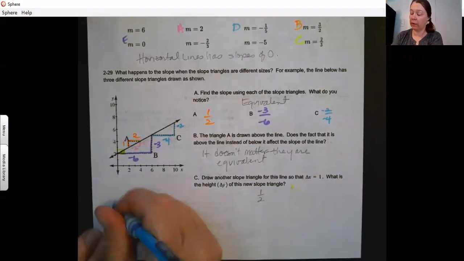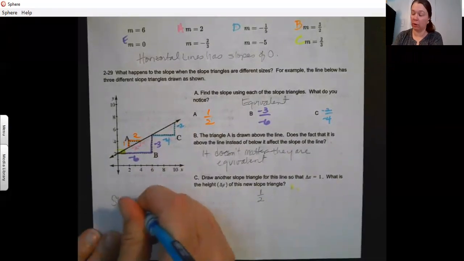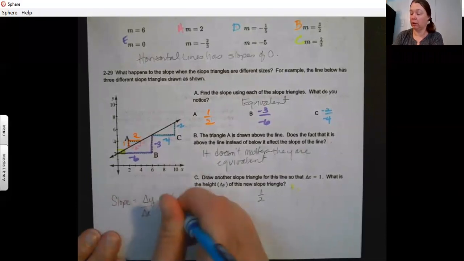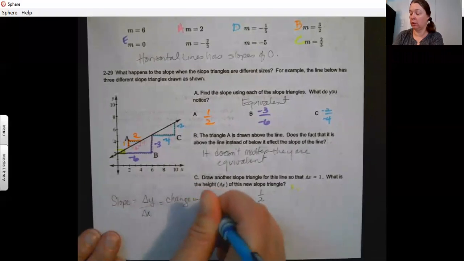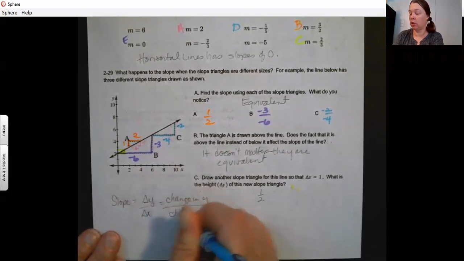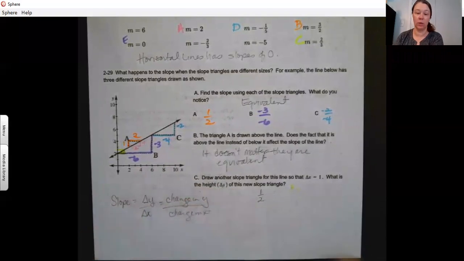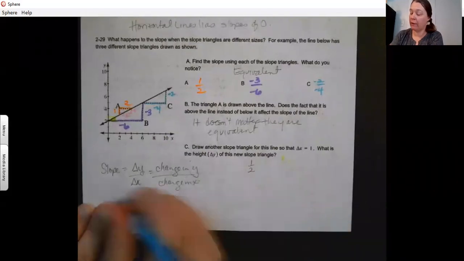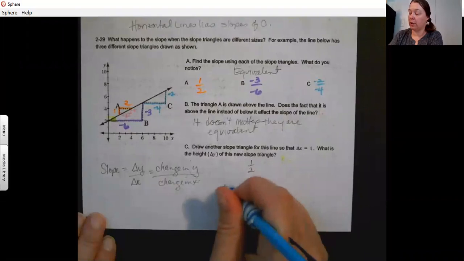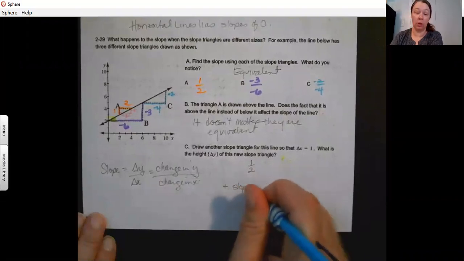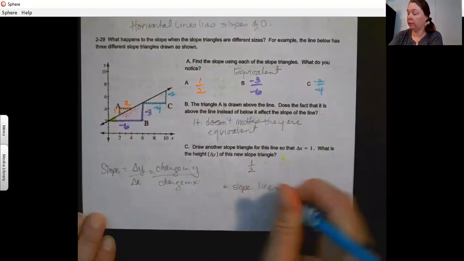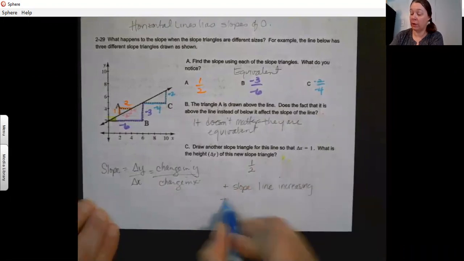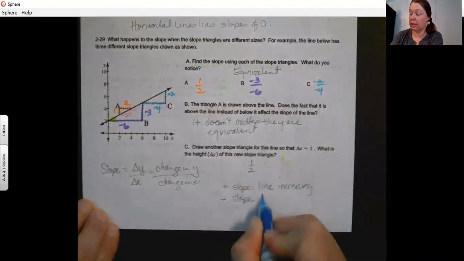So to bring everything together that we talked about just now: slope is the change in y divided by the change in x. And we can use this shorthand of delta y over delta x. If you have a positive slope, that means that your line is increasing. If you have a negative slope, that means your line is decreasing.